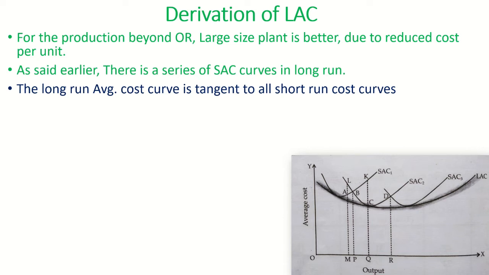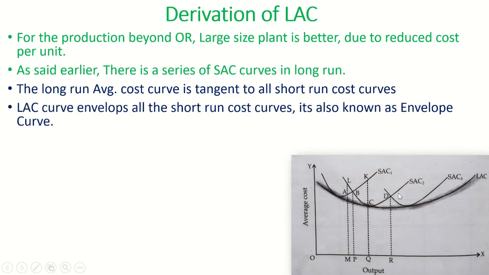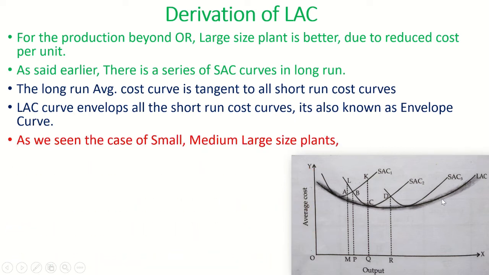We get the long-run cost curve by drawing a line that is tangent to all short-run cost curves. Okay, so the long-run average cost is tangent to all the short-run cost curves, that is SAC1, SAC2 and SAC3. Okay, the long-run average cost envelops all the short-run cost curves. It touches all the short-run cost curves, so it is also known as the envelope curve.